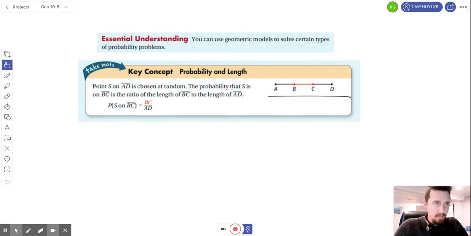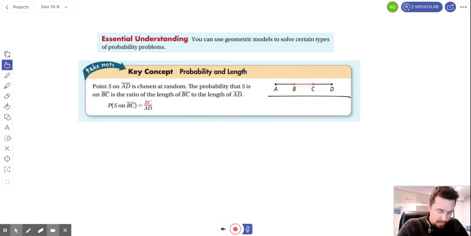Say you have a line segment and you're like, hey, what's the chance that if I put a dot randomly on this line, it will land between B and C? And as long as it's equally probable that the dot falls anywhere, let's try this.